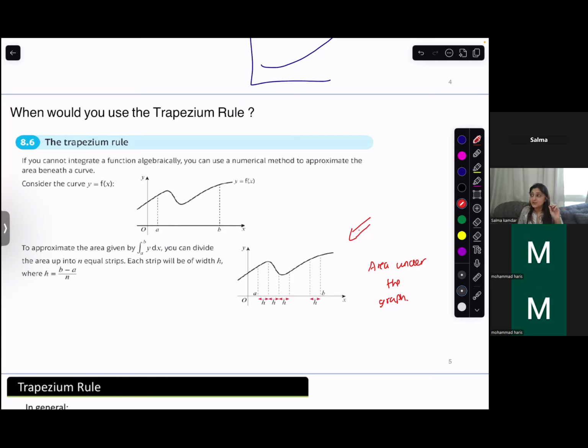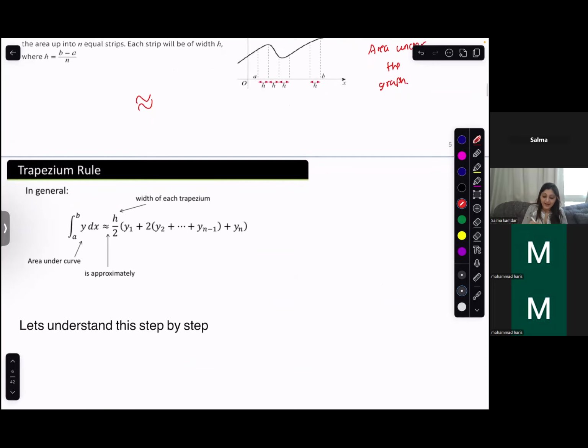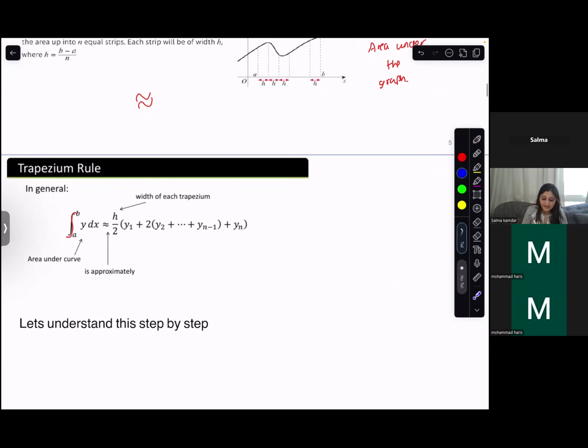When you're using the trapezium rule, you get the area under the curve, but it will be an approximate figure. So I would say it looks something like this. You are actually integrating y with respect to x, the area under the curve bounded by b and a.